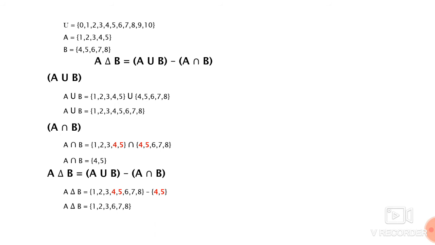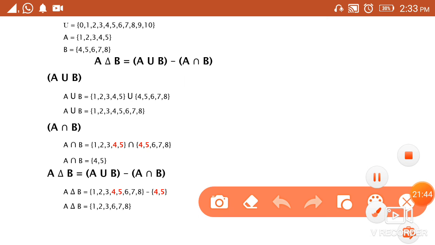This is how you find A symmetric difference B by using the formula. There is also a direct method which you can use to find A delta B, and that is simple. Just cancel out the common elements. We can see the common elements here, 4 and 5. We will cancel out 4 and 5 from both the sets and write down all of the remaining elements from both the sets.